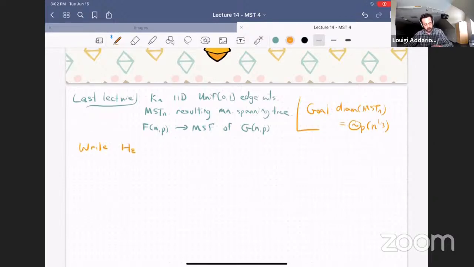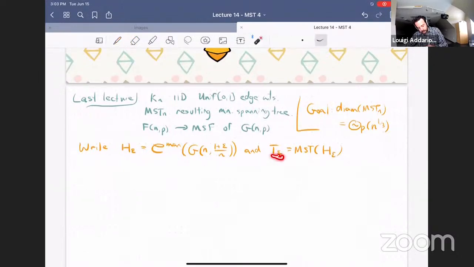If I write H_epsilon for the largest connected component of the graph G(n, (1 plus epsilon) over n), and T_epsilon for its minimum spanning tree, then this is the component of the minimum spanning forest which has the same vertex set as H_epsilon.